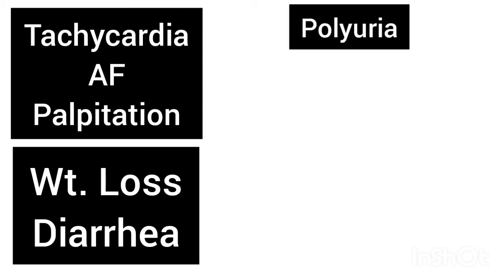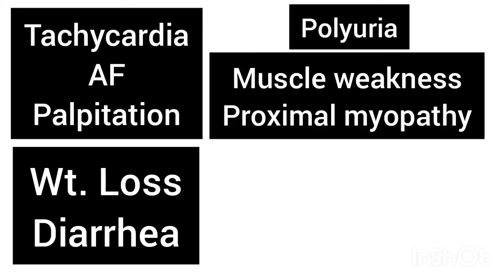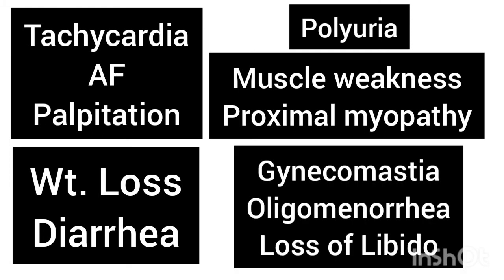Polyuria is usually seen, and in the musculoskeletal system, there is muscle weakness and proximal myopathy. Gynecomastia in males and oligomenorrhea in females, and loss of libido in both the sexes may also be seen.